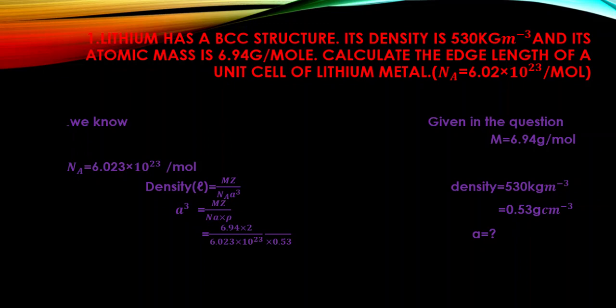Here M is the atomic mass of the element, Z is the number of atoms per unit cell, Na is Avogadro's number, and a is the edge length of the unit cell. So M is equal to 6.94 into 2, where 2 is Z for the BCC unit cell, by Avogadro's number 6.023 into 10 to the 23 into 0.53, that is rho.